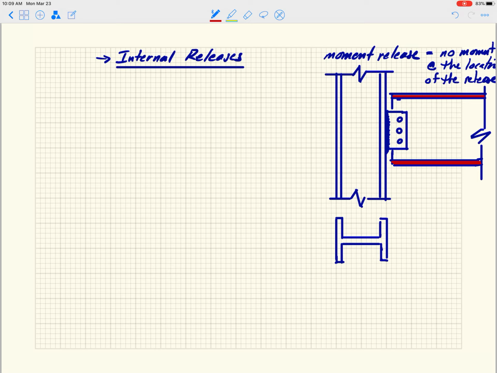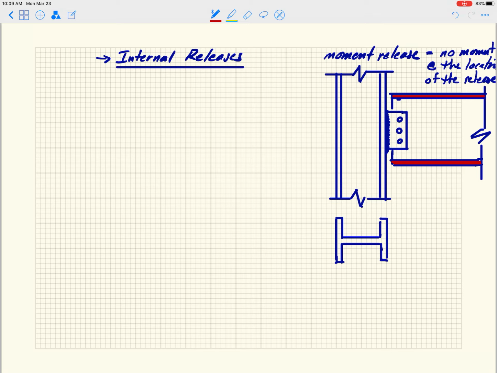So all of the moment stress is taken by these flanges. And if you notice, this connection does not connect the flanges of the beam, where the moment is, to the flanges of the column, which have the ability to resist moment as well. Because those things are not connected, the moment at this location is for all intents and purposes 0. So we would model this as a hinge.